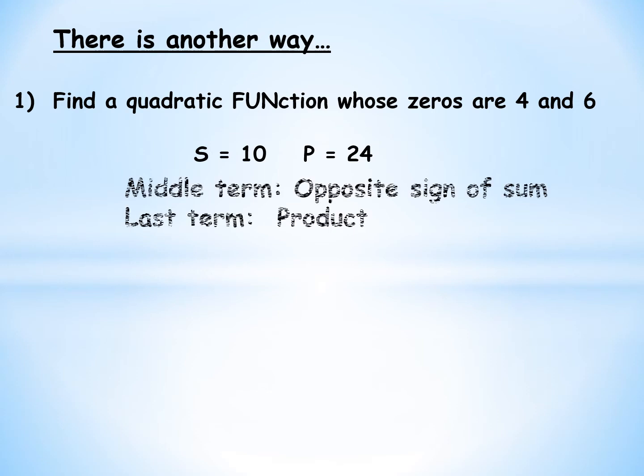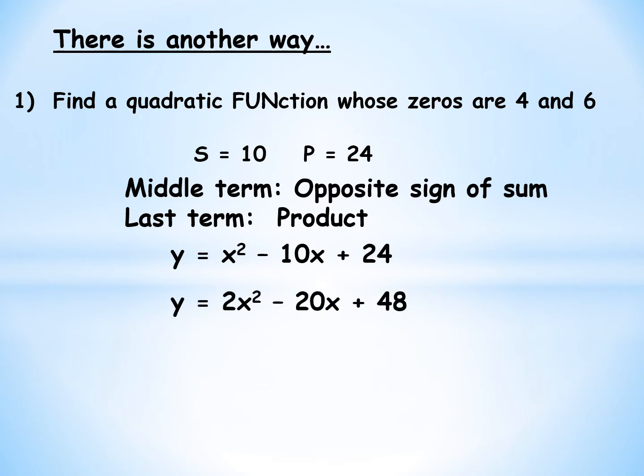So you could use the sum and the product to go right to writing the equation. That's just a little bit of a quicker way. I don't know if it saves you much time, but it's a comment that you might want to think about. And still, it could be any one of these because the first one would be relatively prime and the other two are not.